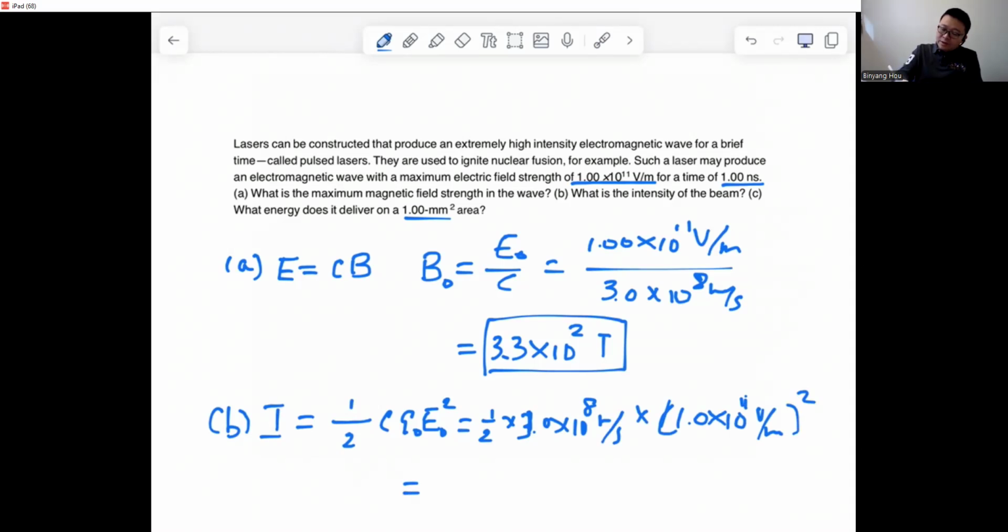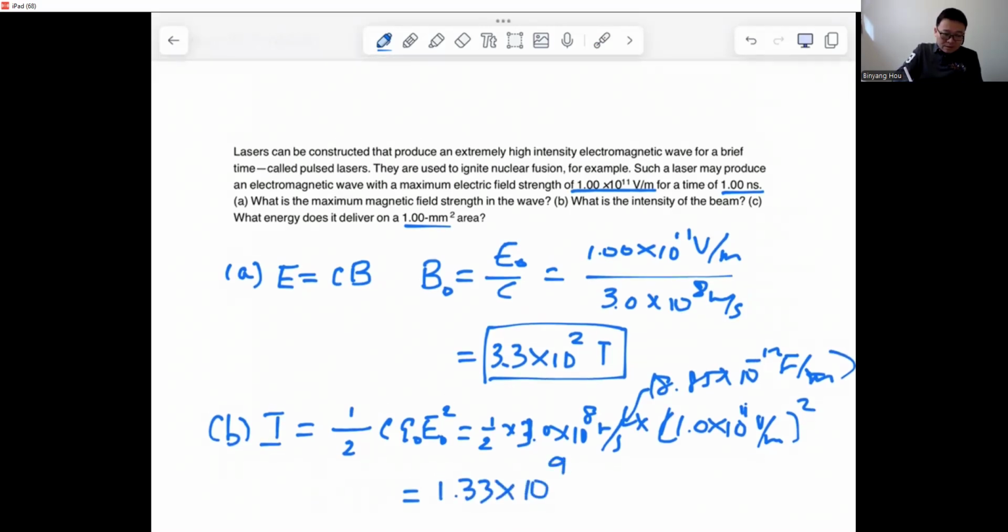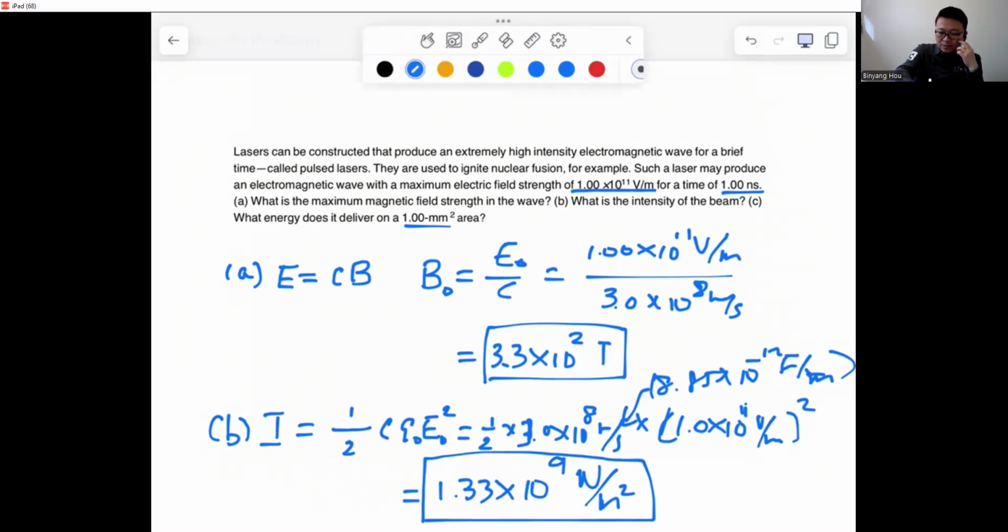Epsilon naught should come in here after the C, that's 8.85 times 10 to the minus 12 farad per meter. If you put that in, this gives you 1.33 times 10 to the 9th watts per meter squared. Because intensity could also be power over area, the units will be watts per meter squared.